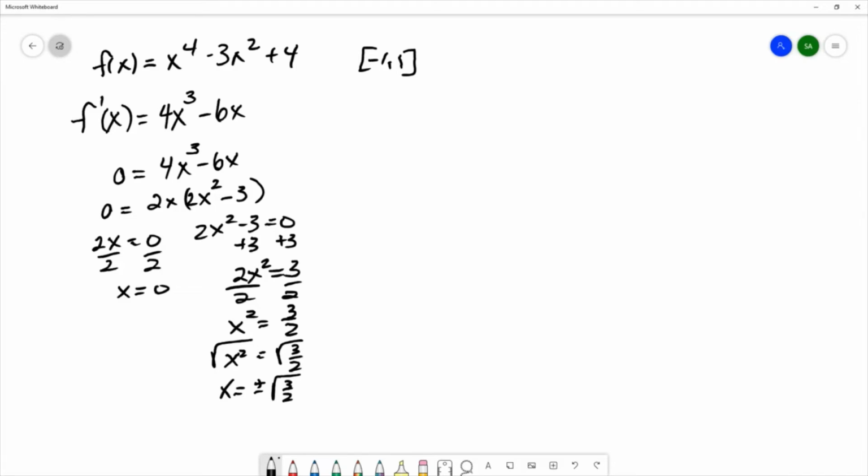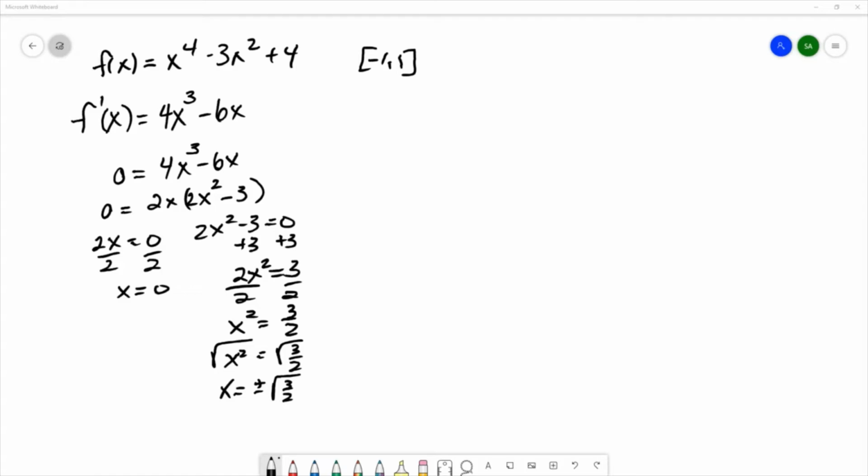So then I want to look and see if any of these critical numbers are on the interval. So I'm going to get my calculator to find out what the approximation is for square root of 3 over 2. I know 0 is in the interval.